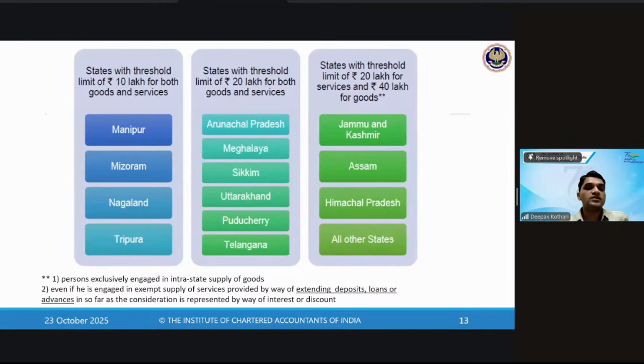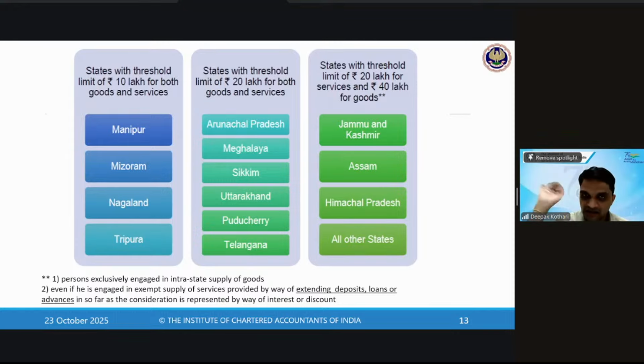Then the threshold limit, we understood what it is. For the four special category states, which are Tripura, Nagaland, Mizoram, and Manipur, it is 10 lakhs.